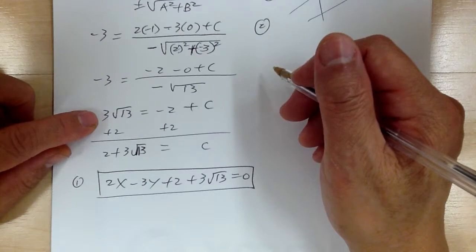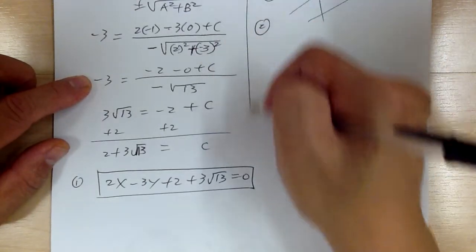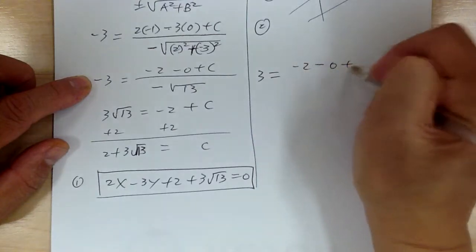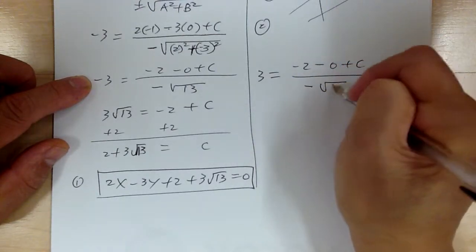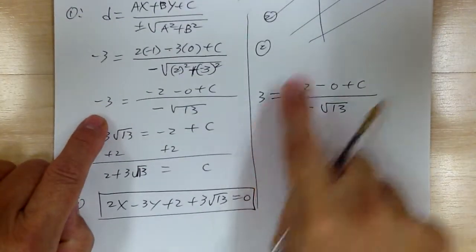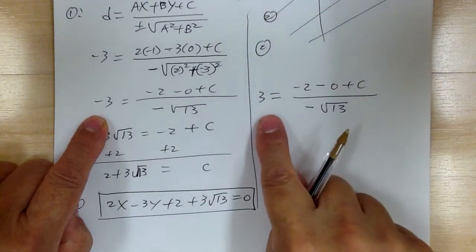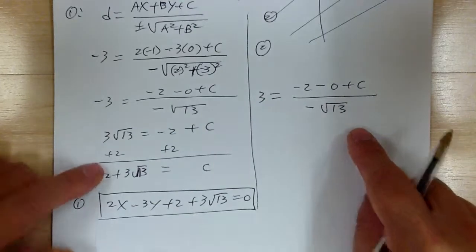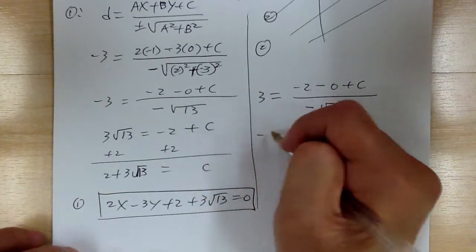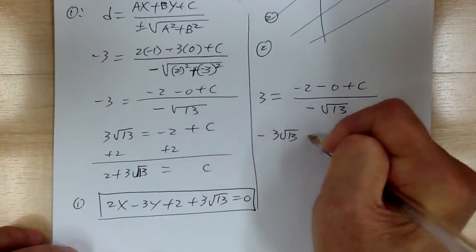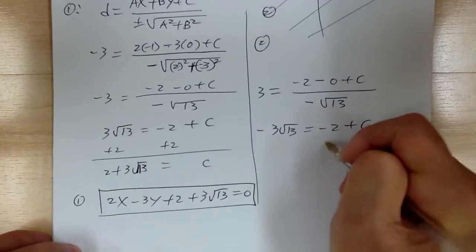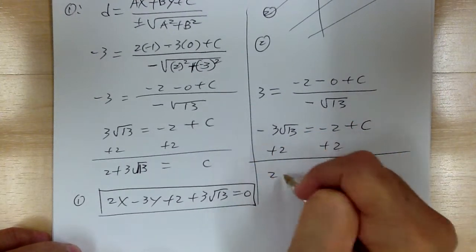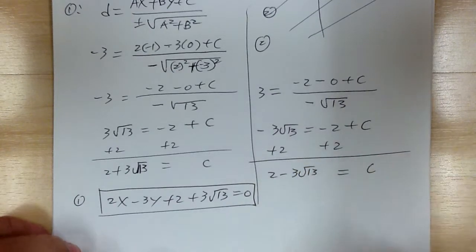You get positive 3 equal to negative 2 minus 0 plus c over negative square root of 13. Because one is above and one is below, do it side by side, it helps you match. Cross multiply, you get negative 3 square root of 13 equal to negative 2 plus c. Plus 2 on both sides, so c equals 2 minus 3 square root of 13.